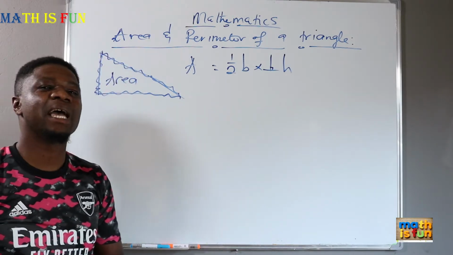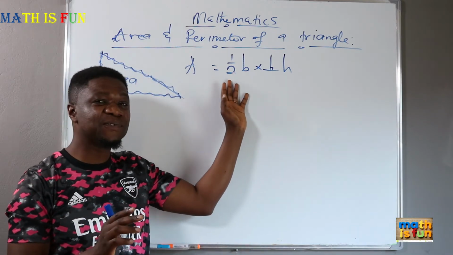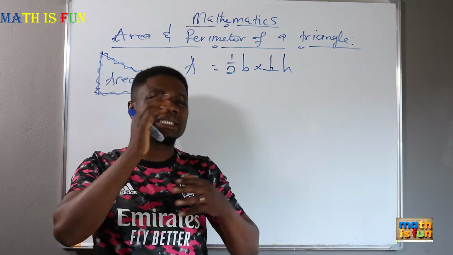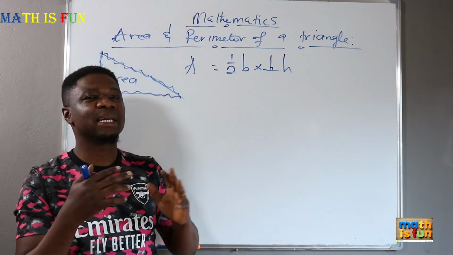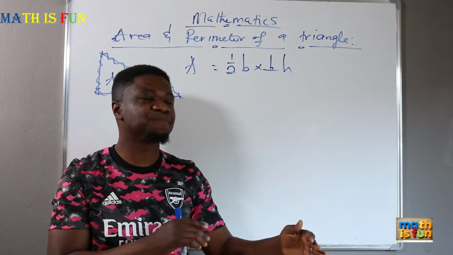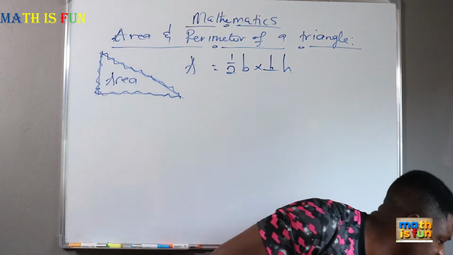Half base times the perpendicular height. I'm going to really explain this formula. The practicality of it helps us so that when we get to exams and other things, we get to know what to do. When you talk of the half base, let me take any triangle, for instance.